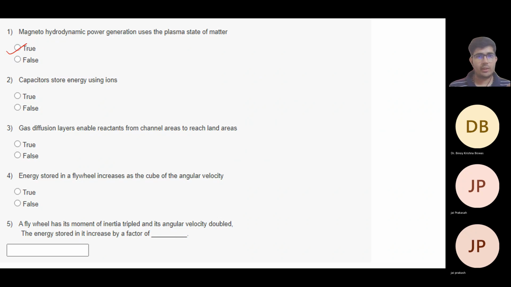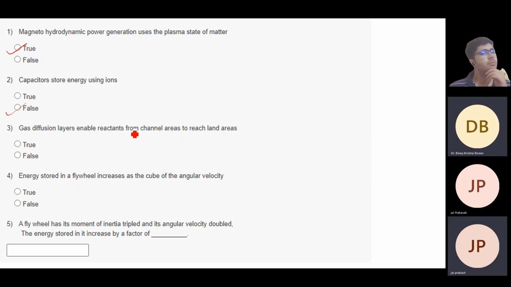The capacitor stores energy using ions. Sir, it is false, because they use electrons. False. The gas diffusion layers enable reactants from channel areas to reach land areas. Sir, it's true.